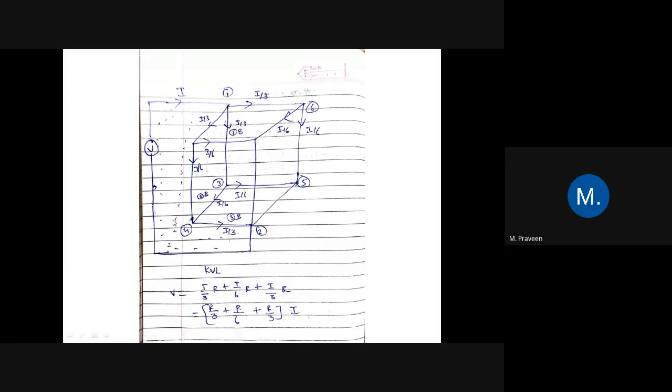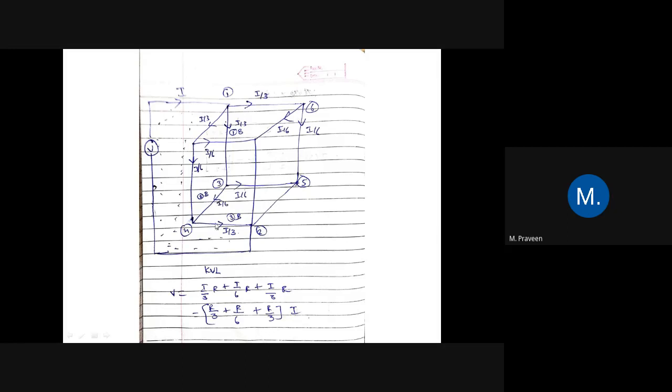Now what we need is the current flowing through point 2. That is very important, because we are going to consider this loop, a branch loop, and find the resistance. Here it is I by 6, and here it is I by 6, both toward the junction.